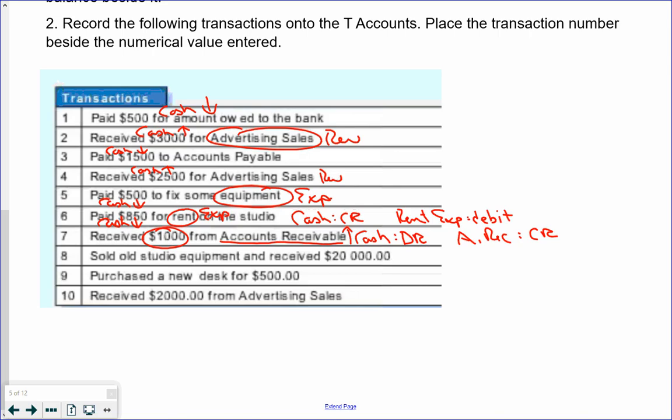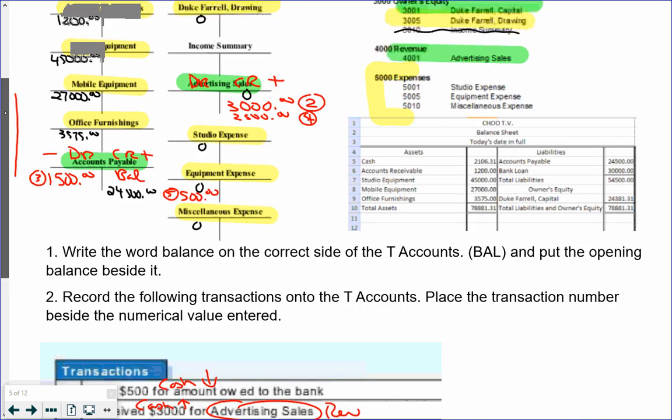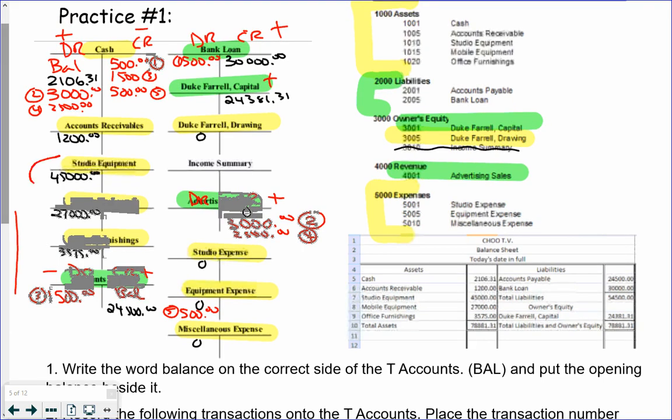Sold old studio equipment and received $20,000 cash. So first things first, you received money. So your cash is going to go up. So it's going to get debited. Now, studio equipment is an asset. You sold $20,000 worth of equipment.